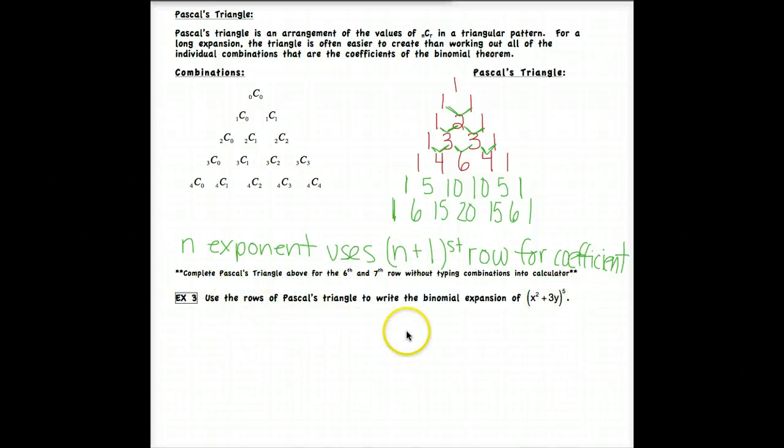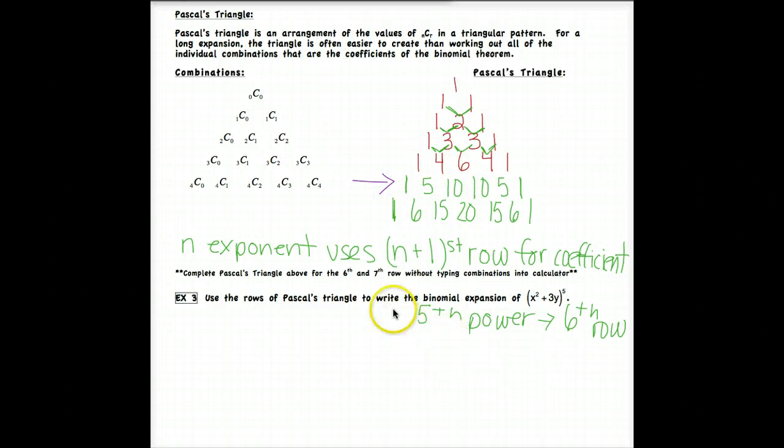So we're going to use Pascal's triangle to write the binomial expansion of x squared plus 3y raised to the 5th power. So since this is the 5th power, that means we are going to look at the 6th row. So the 6th row of Pascal's triangle, 1, 2, 3, 4, 5, 6.